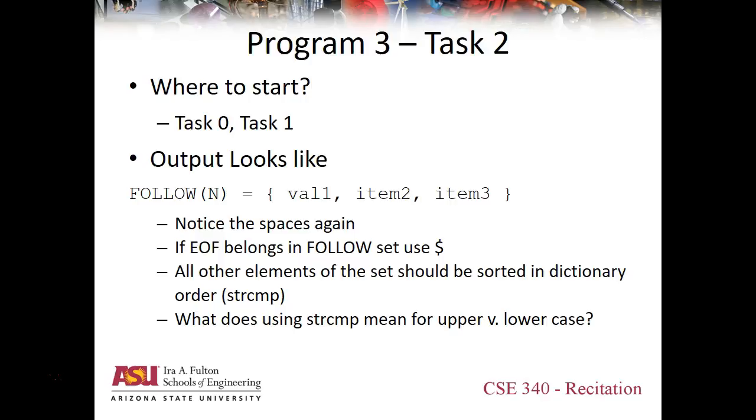Again, notice the spaces. Also, as Adam said a couple times in class, you know it's not working right if you have an epsilon in your follow set. That should never happen. And so that's a good double check.